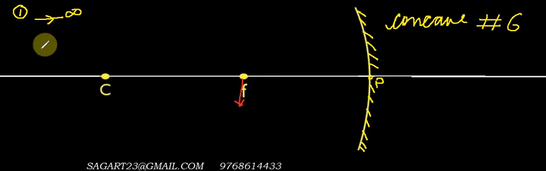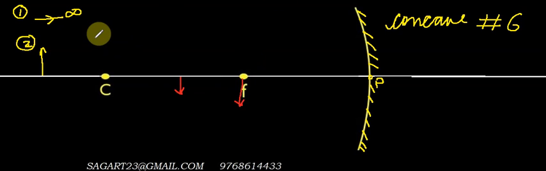Then we had diagram number 2 where the object was placed beyond C, where the image was formed between C and F, and it was also smaller compared to the size of the object.